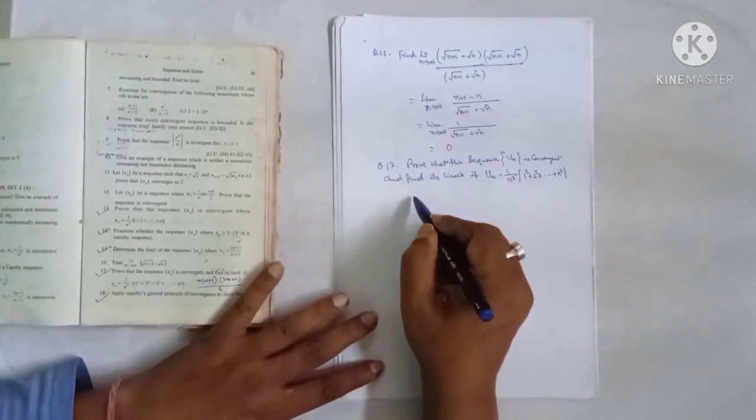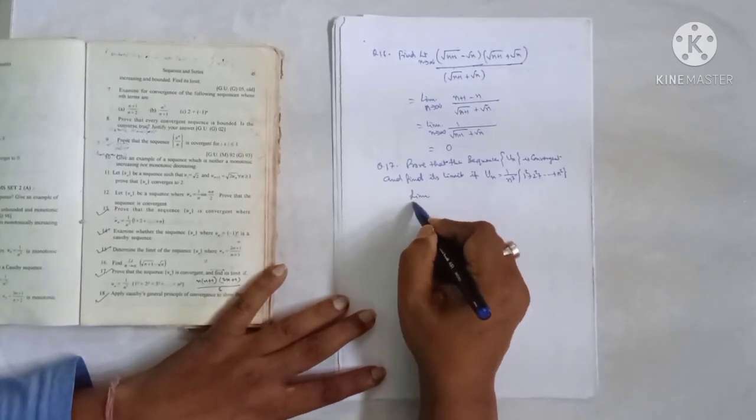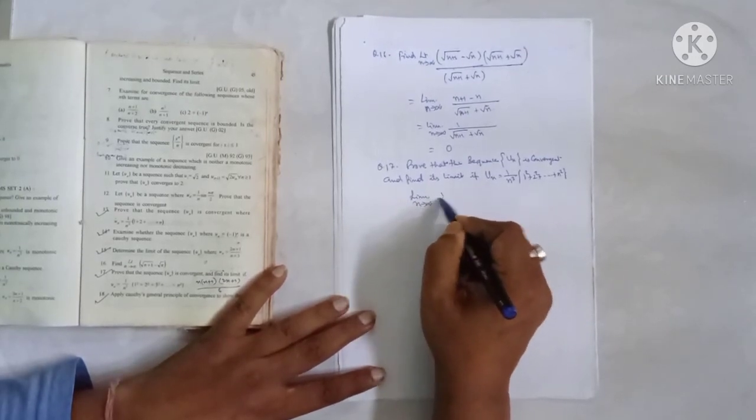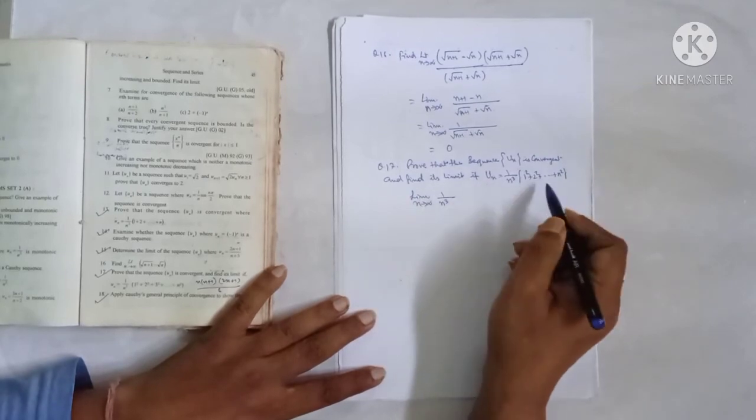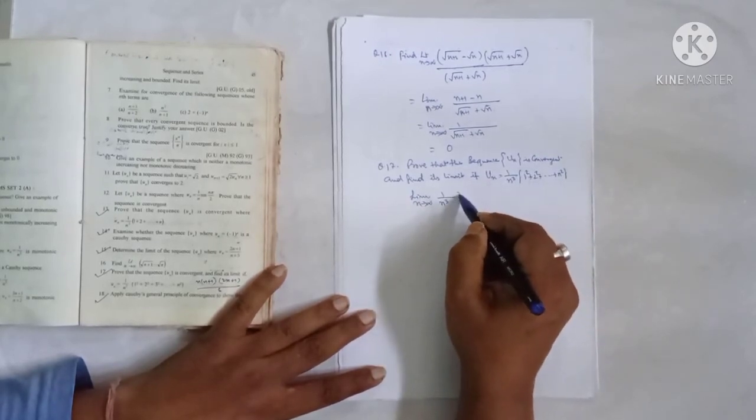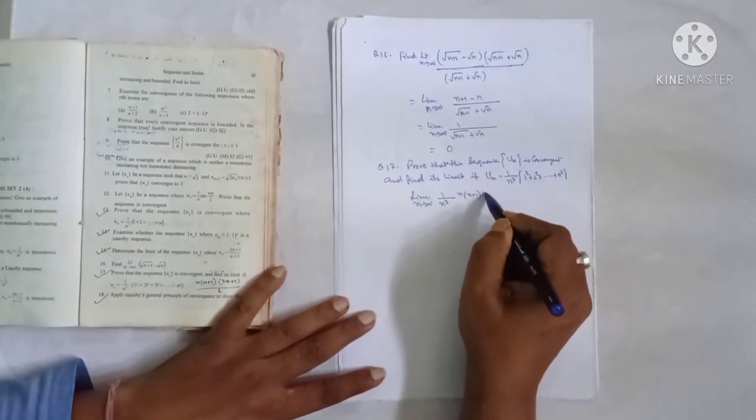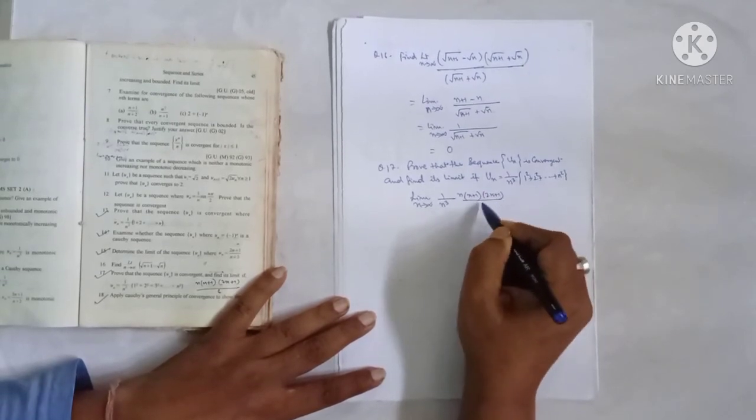So here limit n tends to infinity 1 by n cube, and the sum of this formula is n into (n plus 1) into (2n plus 1) by 6.